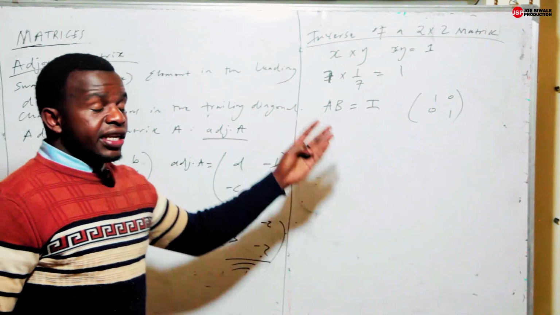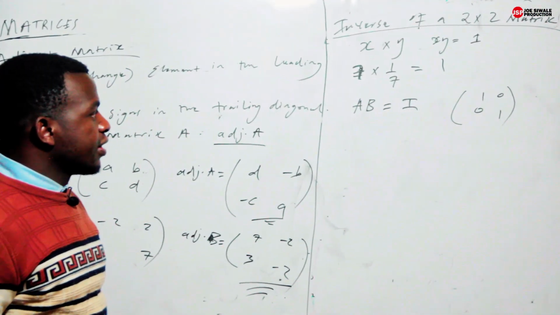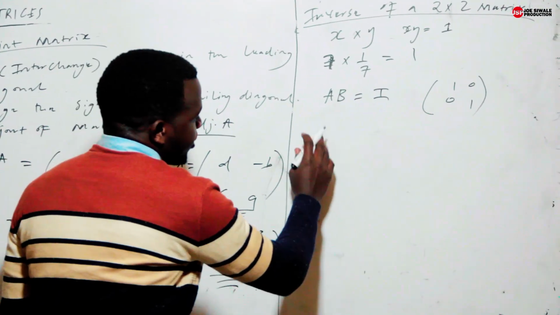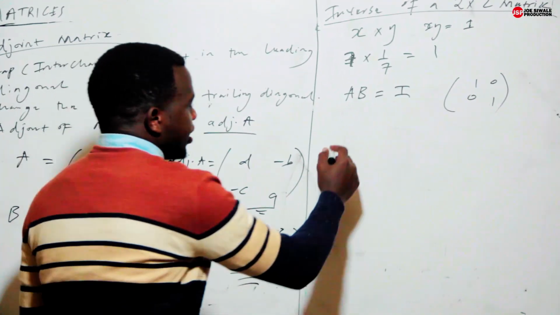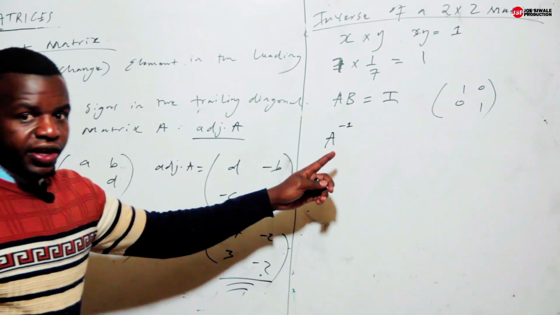And for us to calculate the inverse of a matrix, for example, if we say, can you find the inverse of matrix A, we can say inverse of matrix A. So this is the sign of inverse.